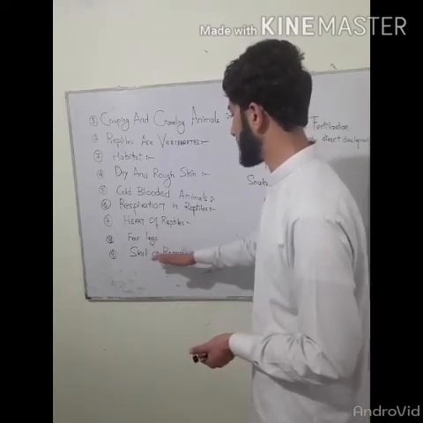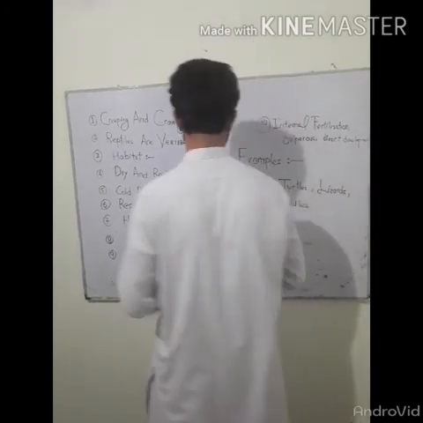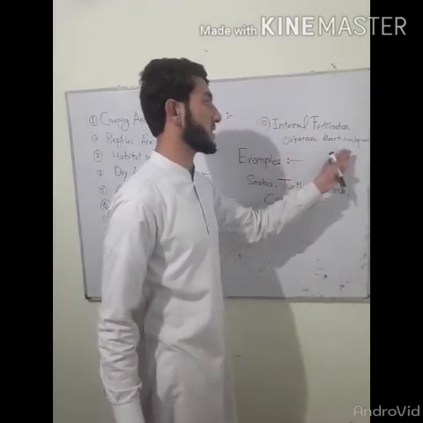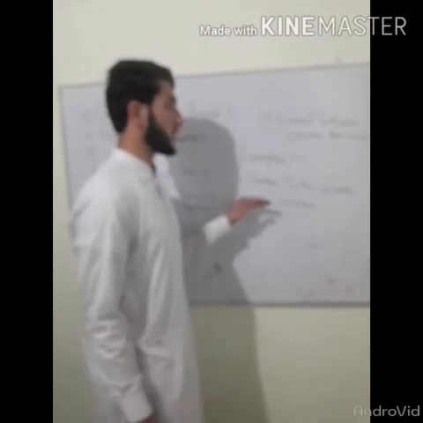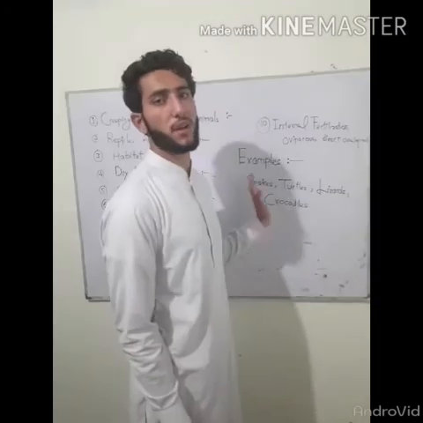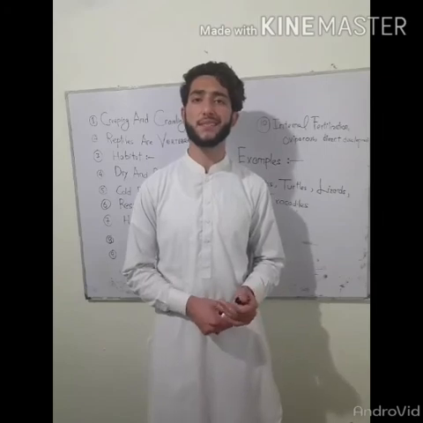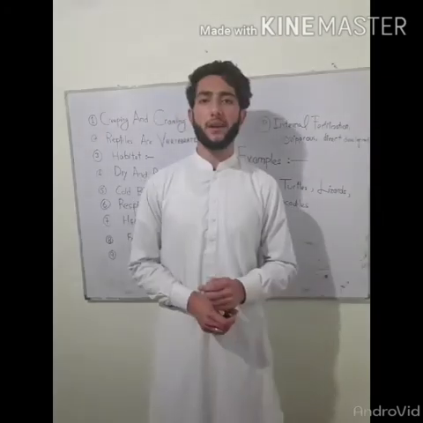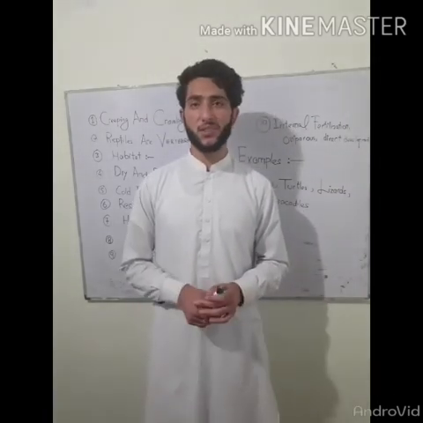The skull of a reptile is monocondylic, with a single occipital condyle. Internal fertilization takes place, they are oviparous, and the development of the young one is direct. Snakes, turtles, lizards, and crocodiles are examples of the class Reptilia.